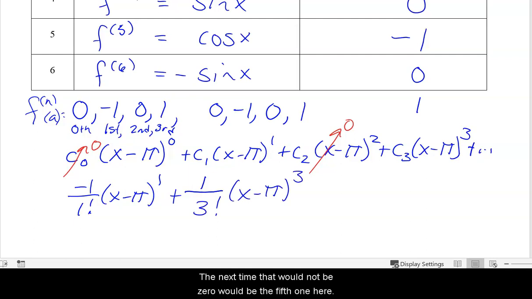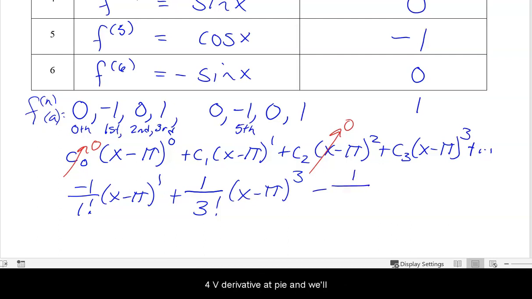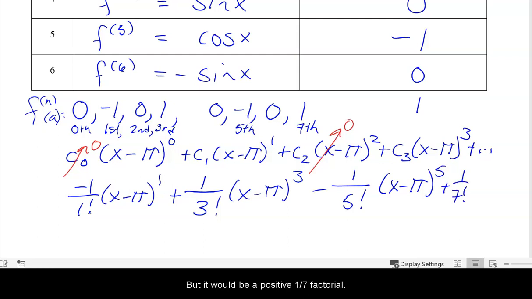The next term that would not be 0 would be the fifth one here. The fifth one also had a negative 1 for the fifth derivative at pi, and we'll divide by 5 factorial and raise x minus pi to the fifth power. The last one we have written is the seventh, but it would be a positive 1 over 7 factorial times x minus pi to the seventh.